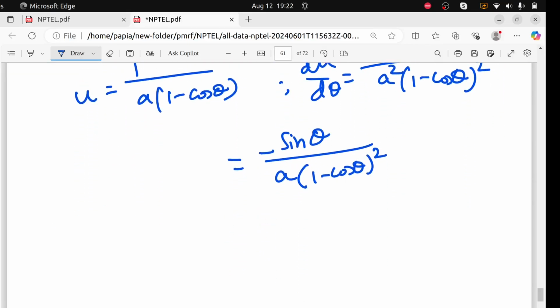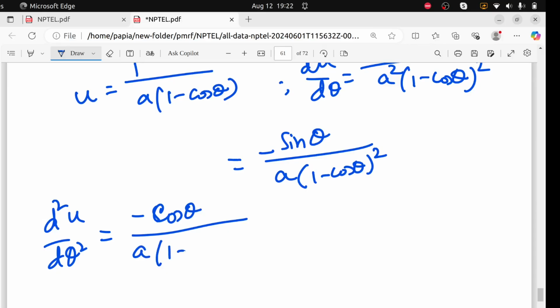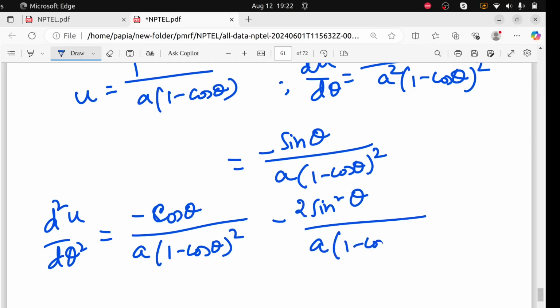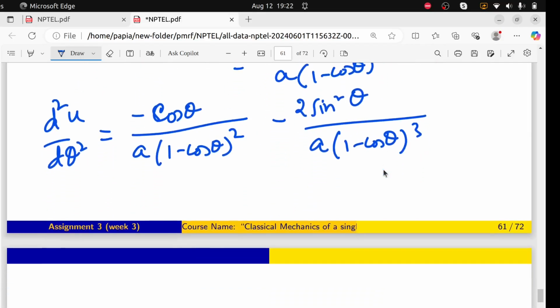So if you calculate d2u d theta 2, this will be minus cos theta divided by a 1 minus cos theta whole square, minus 2 sin square theta divided by a into 1 minus cos theta whole cube. Please check this one. Okay.